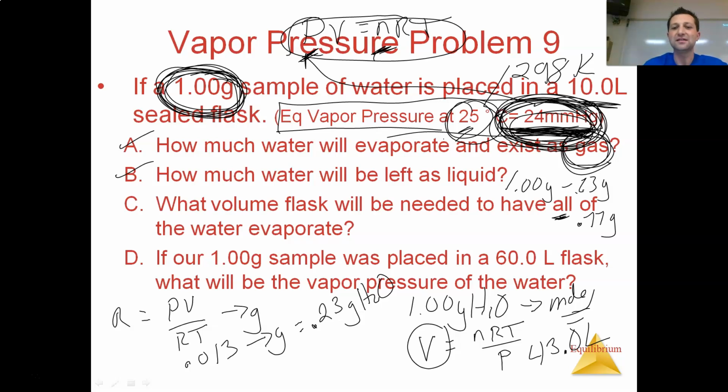That makes sense because if all of this evaporated in a 10-liter flask, the pressure would be humongous, right? We want to make that flask bigger to accommodate all of this evaporating.